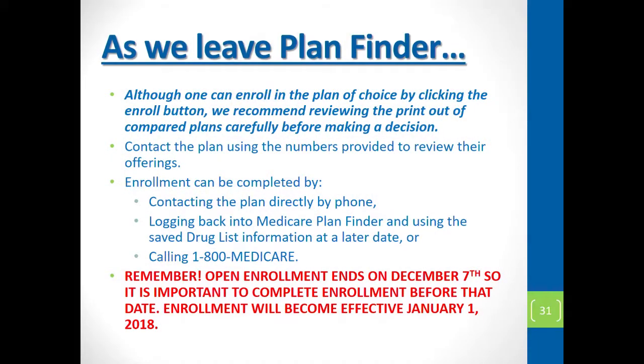So this slide is just saying that although they can enroll, we don't do any enrollments at the Office on Aging with our clients. We provide them with their options, and then we give the information to them. They leave knowing the options that they have or the plan that they're going to select. And on the printout that we give them, there's always a phone number.